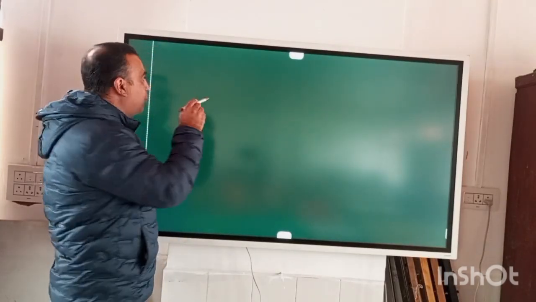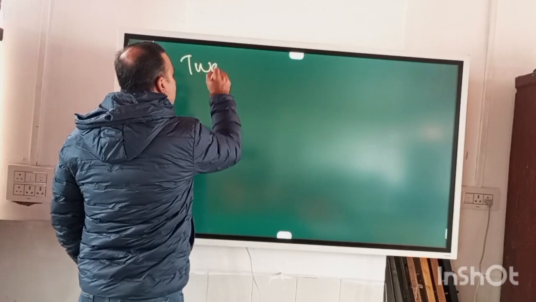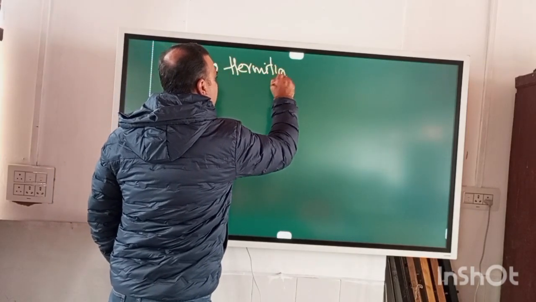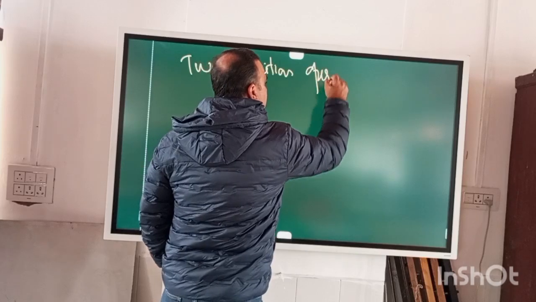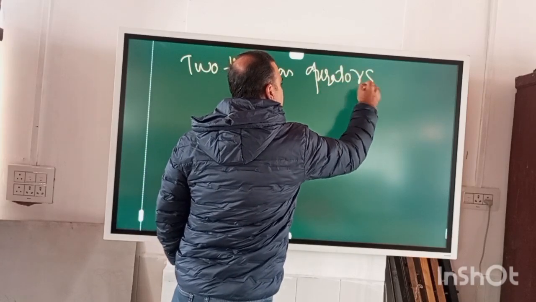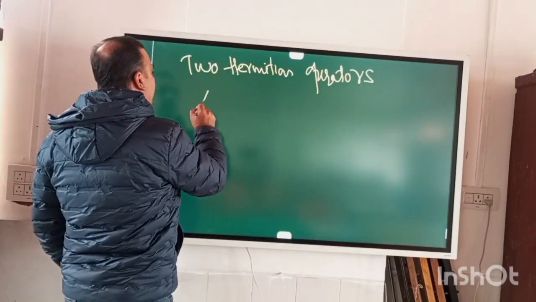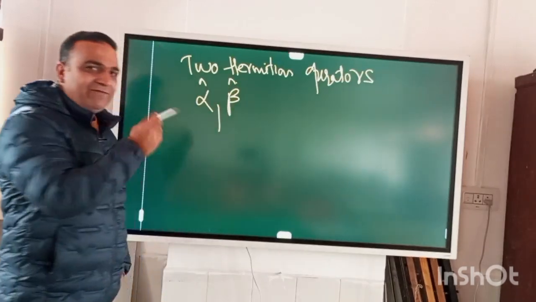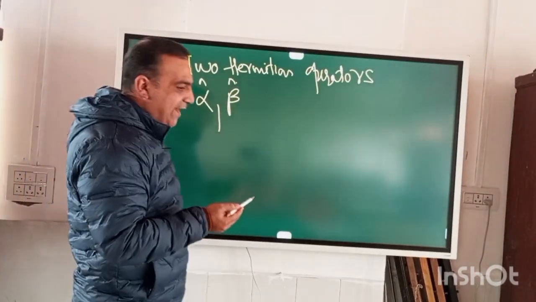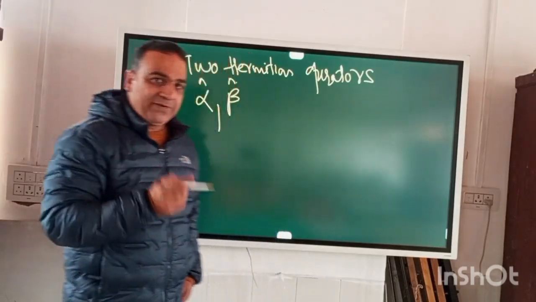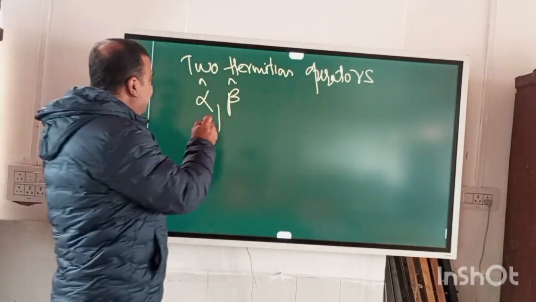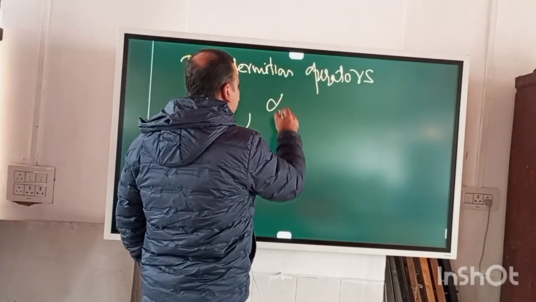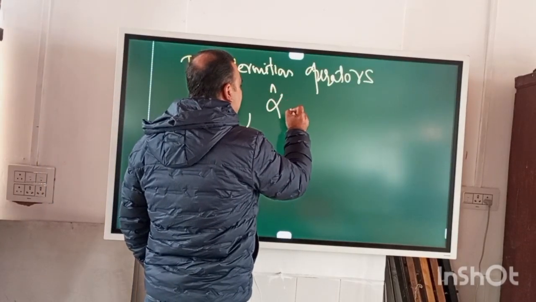And what is that? Now, if I assume that I have two Hermitian operators, alpha cap and beta cap, and these two operators commute.